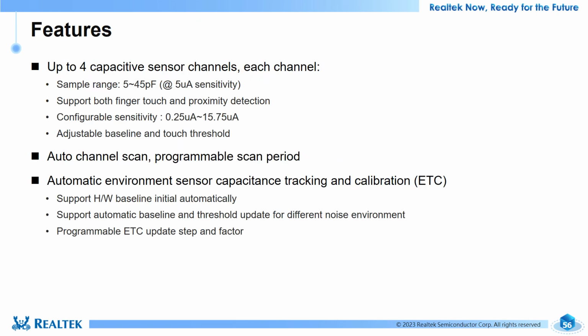CapTouch has 4 channels. When the sensitivity is 5 uA, the sampling range is 5 to 45 picofarads. It supports finger touch and proximity detection, configurable sensitivity, adjustable baseline and touch threshold, and programmable scan period. CTC will scan automatically according to the scan period. It supports the ETC function, which automatically initializes the baseline and automatically updates the baseline and threshold in different noise environments.